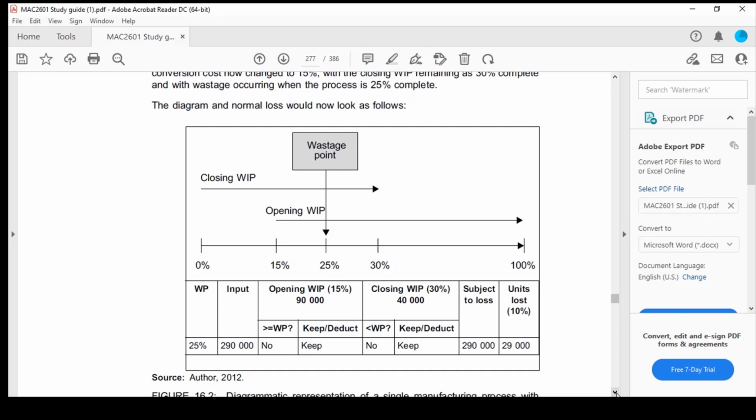My question then is, where in this process did I experience the loss? Was it at the beginning, during, or at the end? If it's during, I have to look at my opening WIP. Did it come after the wastage point, or was it before? Then you will know whether you deduct it or keep it to experience this loss.